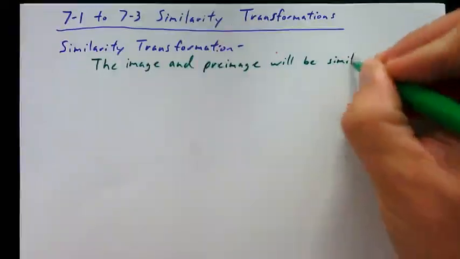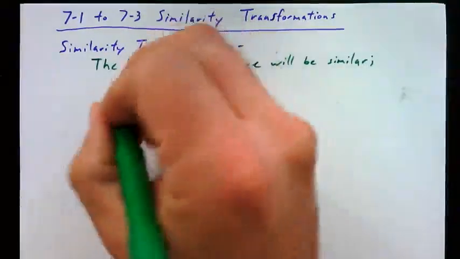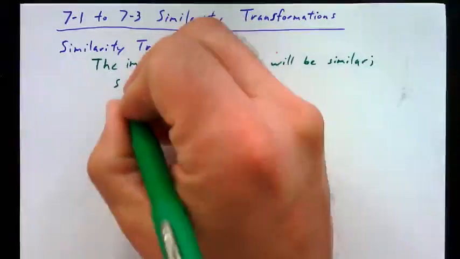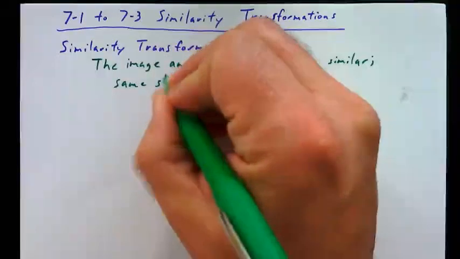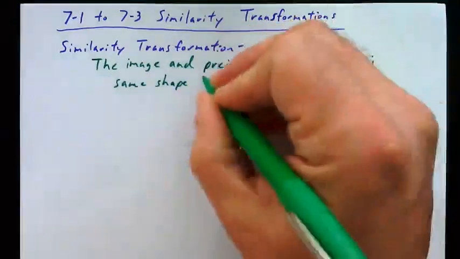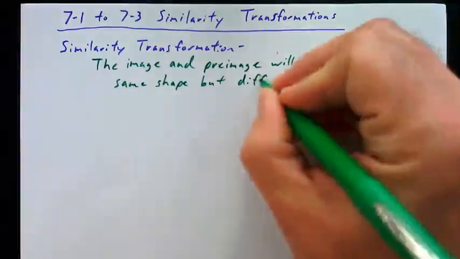Will we still have the same shape? Yes. All right. So we have the same shape. Will they still be the same size? No. All right. So same shape, but different size.